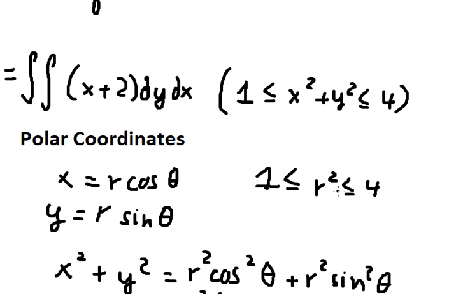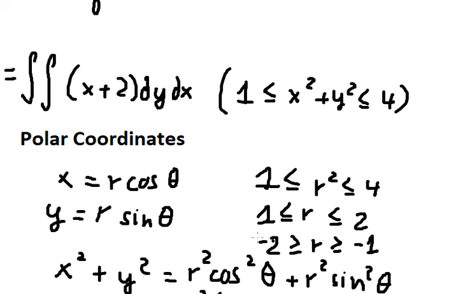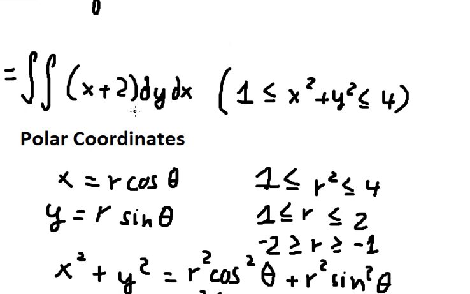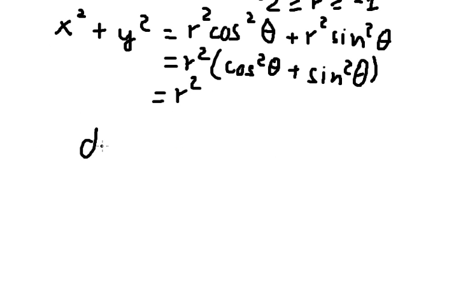If we take the square root of both sides, r should be between 1 to 2, or maybe from negative 2 to negative 1. Now, after you got this one, we have dy dx, and we need to transform into r dr d theta.